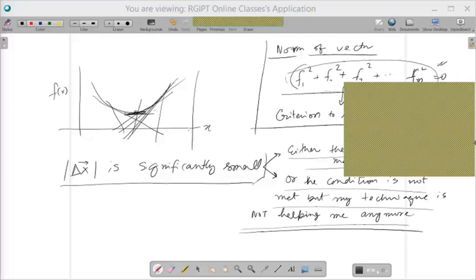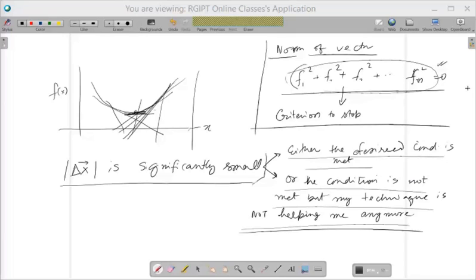Some people would look at, for example, what is the maximum f? So these are different kinds of norms defined for a vector. In mathematical language, it's called a norm. So how do you measure the magnitude of a vector? One way is just the max of the f components.